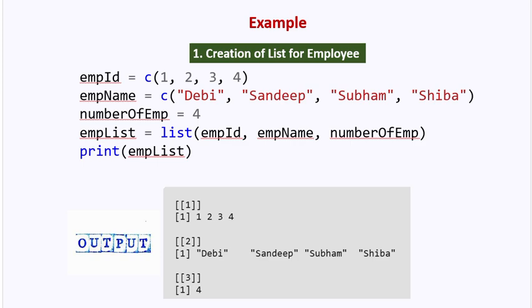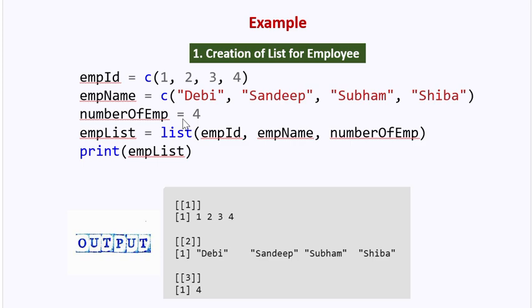So we created collections of similar data with the help of vectors, and all of them are tucked together to form a list. Inside the list function, we have emp list equal to the data: the employee ID, employee name, and the number of employees in the company. All together they create a list, which is printed with the help of the print function.